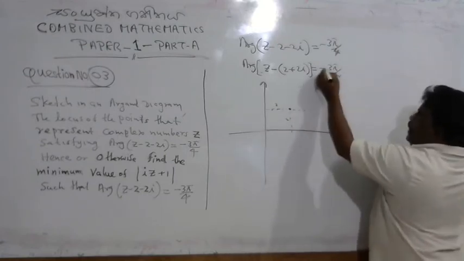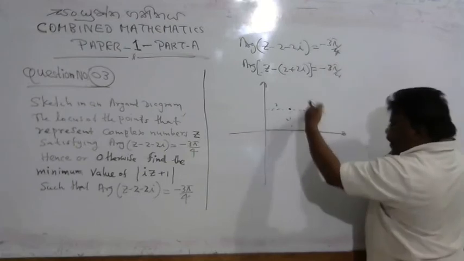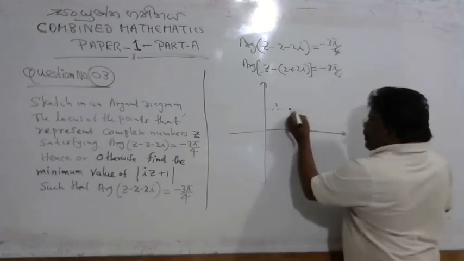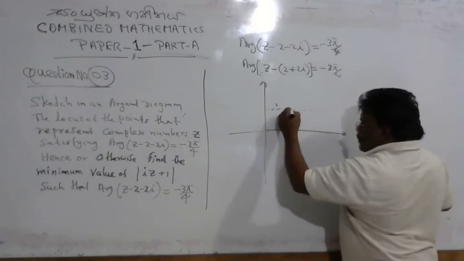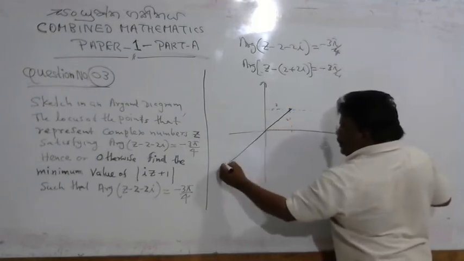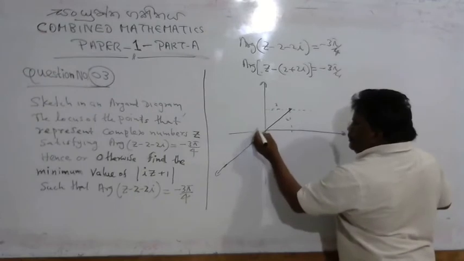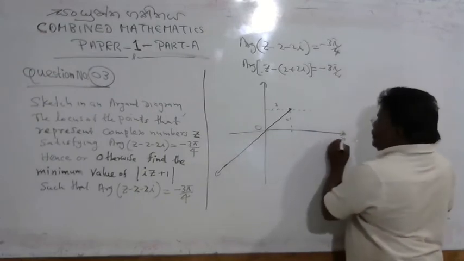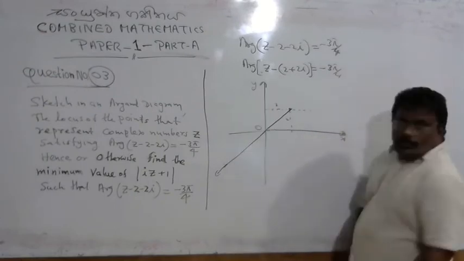And because of this negative angle, you have to measure in the clockwise direction. So, because this angle is 3π by 4, this line should pass through the origin. This is x, this is y, the real axis.